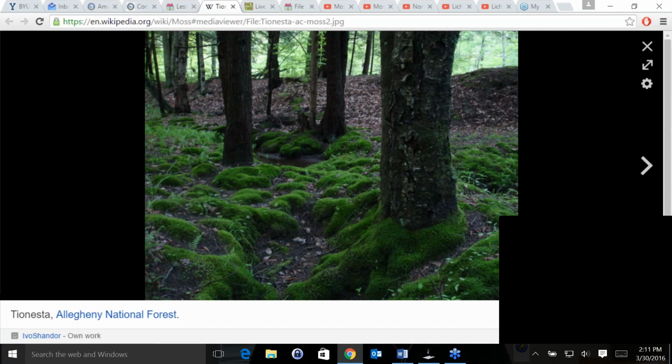Okay. So Emmeline says moss absorbs instead of being sucked up like a vascular plant. Yeah, excellent.